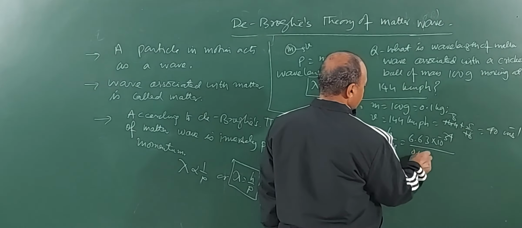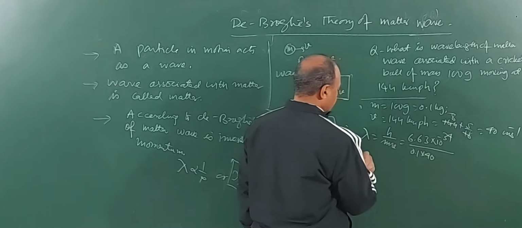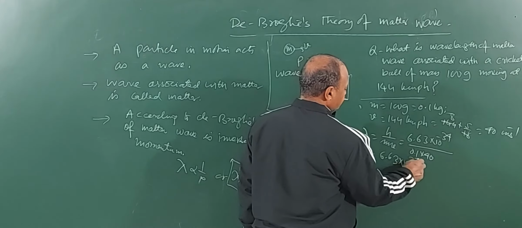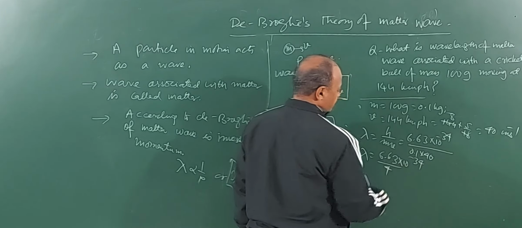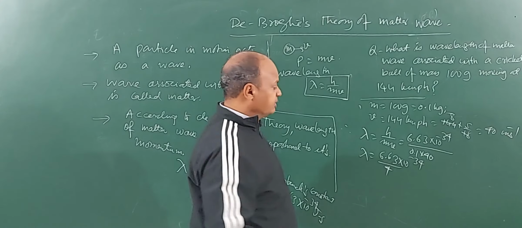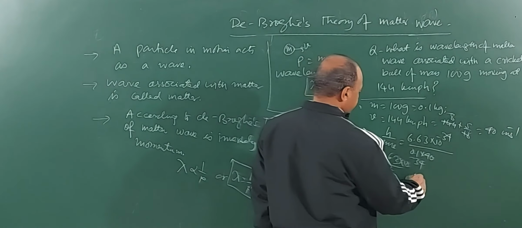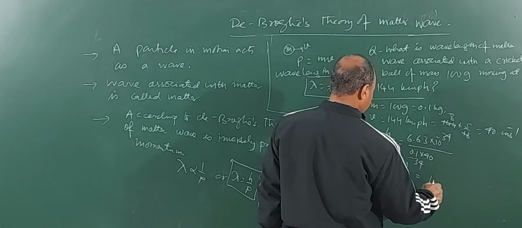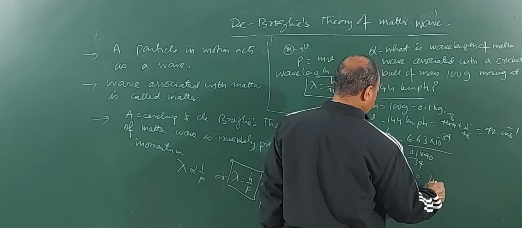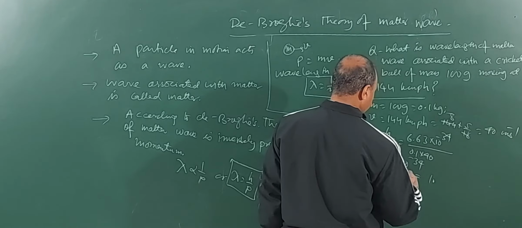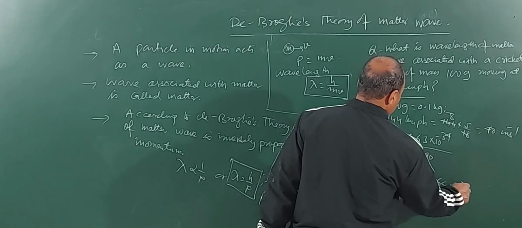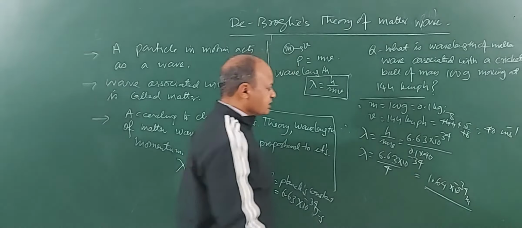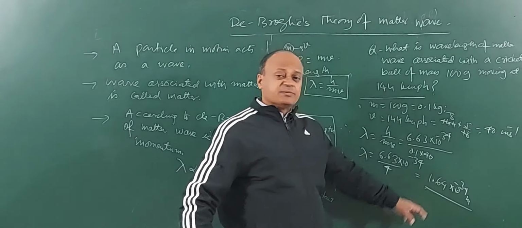It is 0.1 into 40. So, lambda becomes 6.63 into 10 power minus 34 divided by 4. Clear? So, it will be 1.34 into 10 power minus 34 meter.